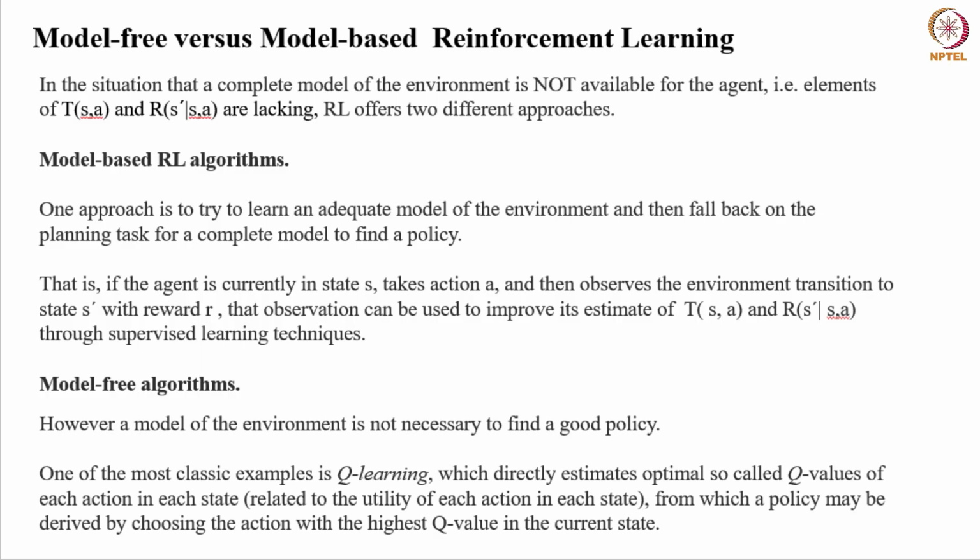One example of that is Q-learning that we will talk a little more about, where you set up a special measure, Q value, which is a particular kind of utility value which you don't explicitly have to base on the transition and the reward functions.